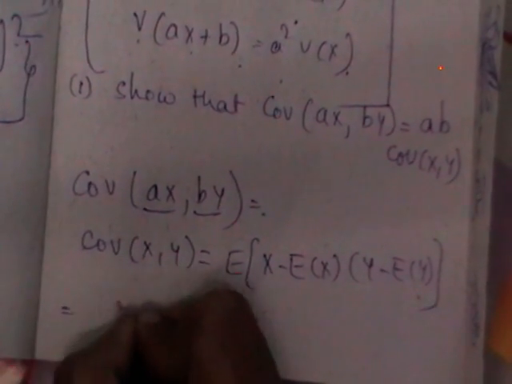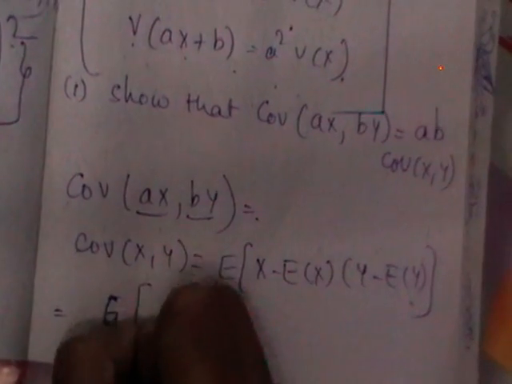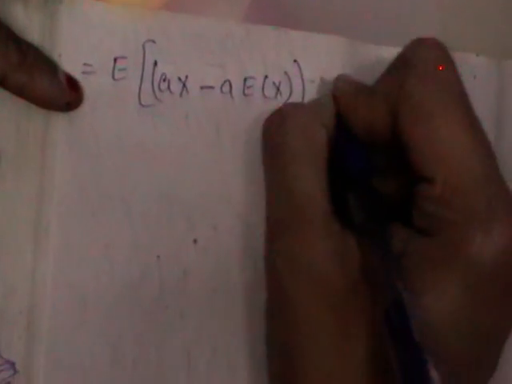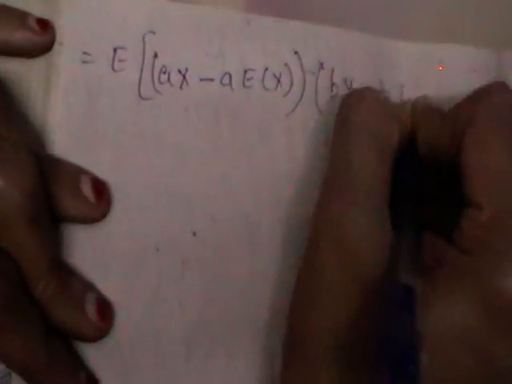So in place of X you have AX, in place of Y, BY: expectation of (AX minus expectation of AX) into (BY minus expectation of BY), where A and B are constants. We know that expectation of CX is C into expectation of X. So AX minus A into expectation of X, using the above result. Similarly, BY minus B into expectation of Y.